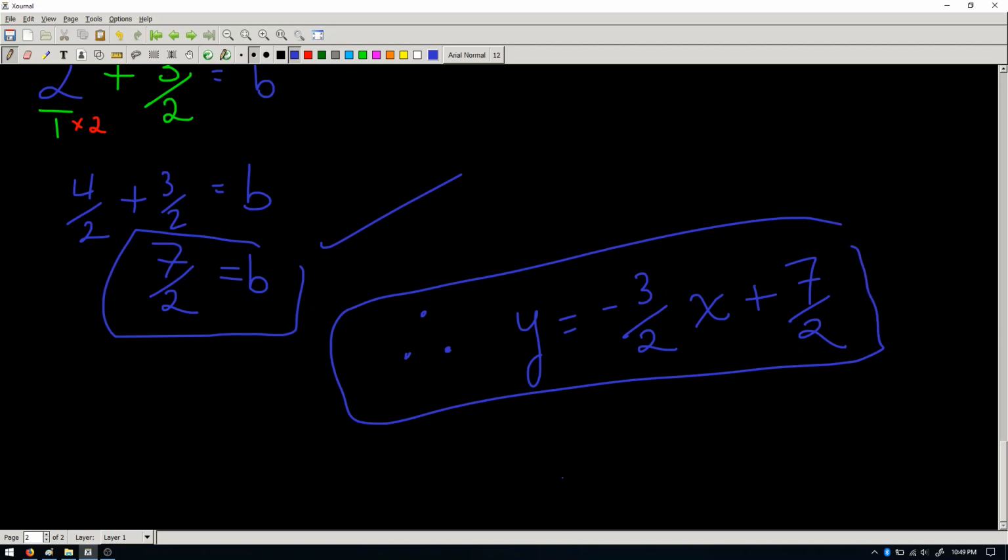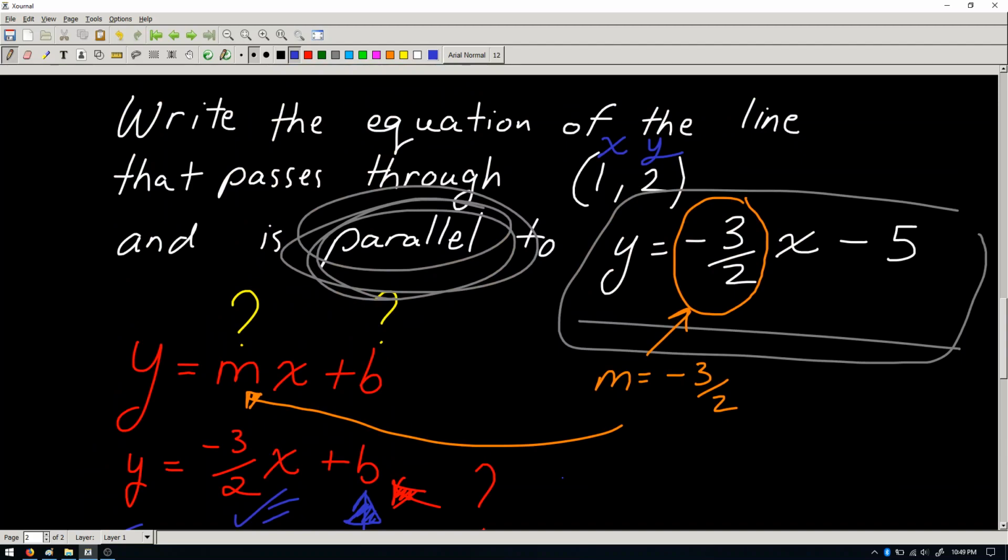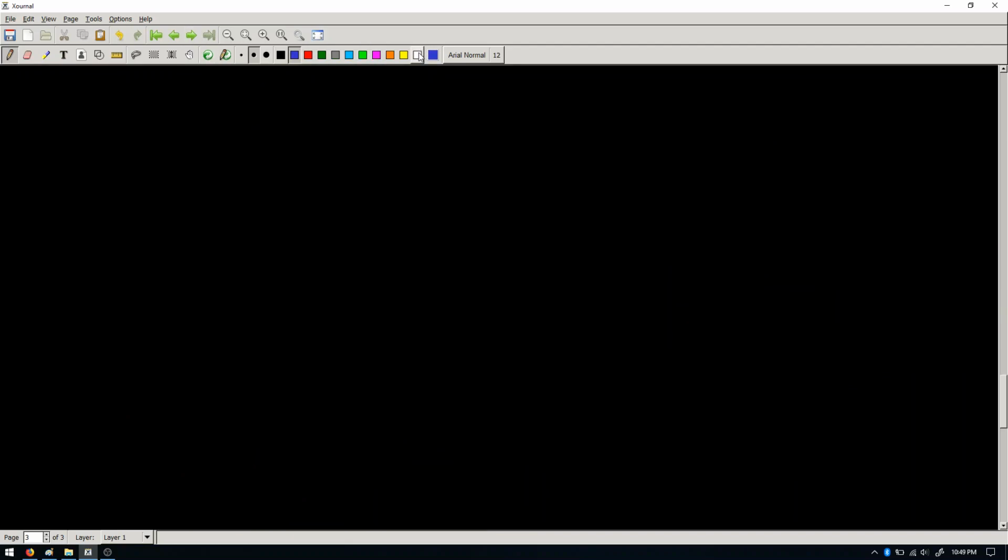That's the equation of the line that is parallel to this equation, but also goes through this point. So that's an example of using parallel in a math problem. What about using perpendicular? So we're going to use the same format.